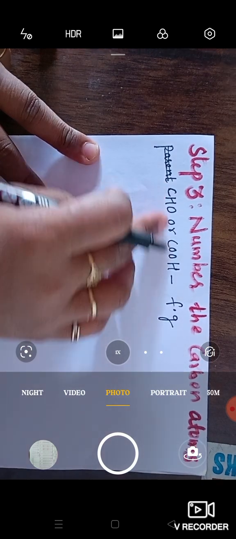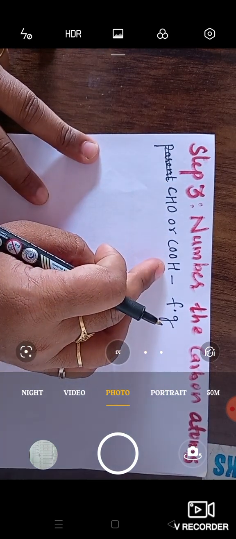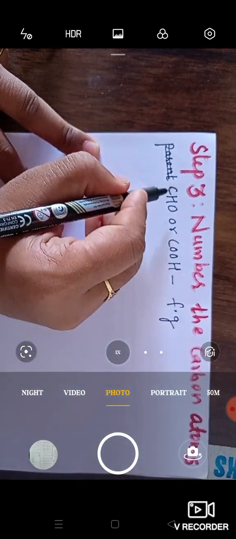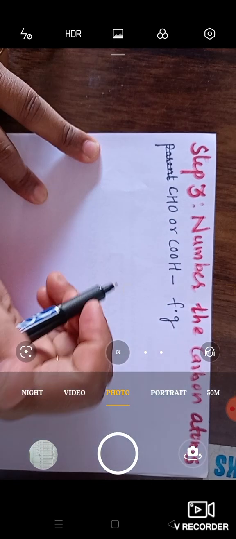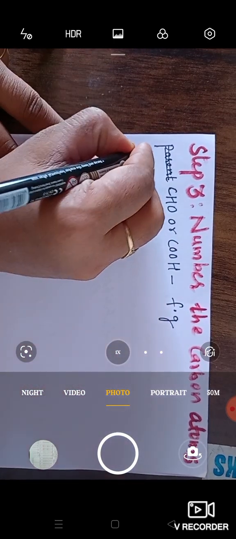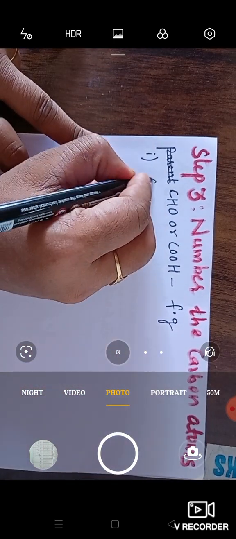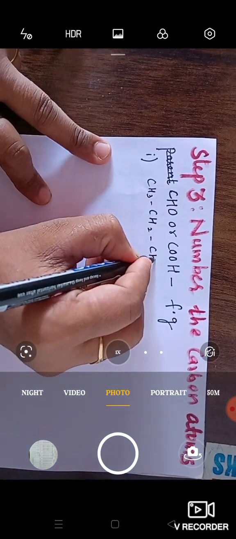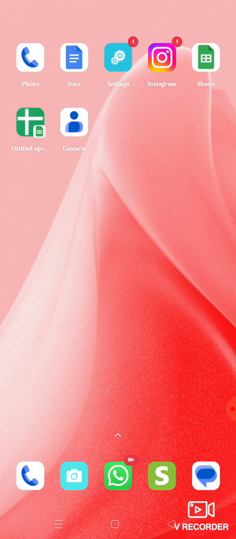Like for example, we'll see the example: CH3, CH2, CH2, CHO.